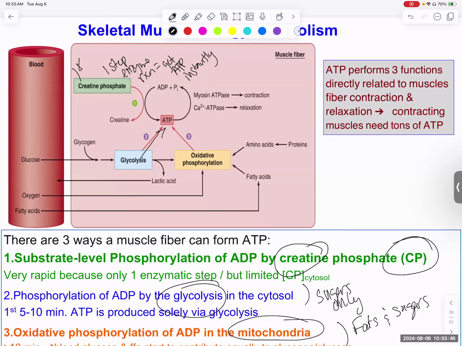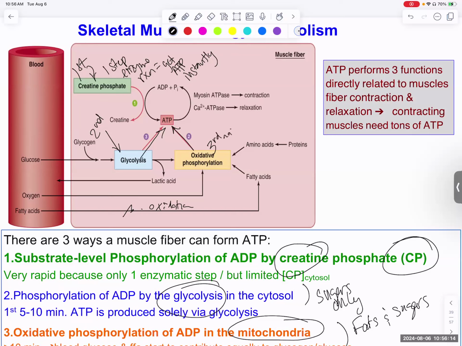So we're going to first use creatine phosphate. We use that while we get glycolysis up and running to create ATP. And if there's oxygen available and we are able to start using fatty acids through beta oxidation, those fatty acids are mass producing ATP.